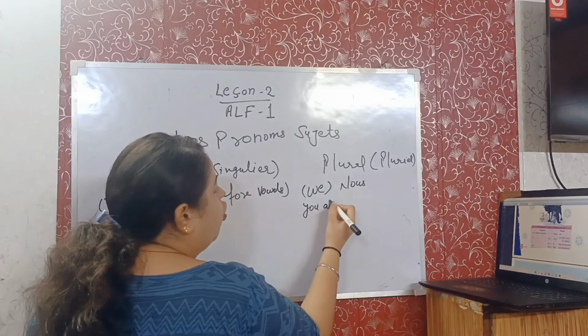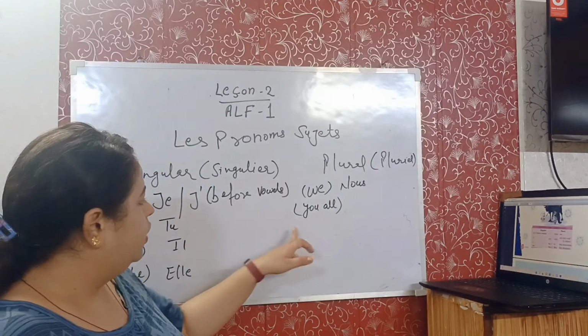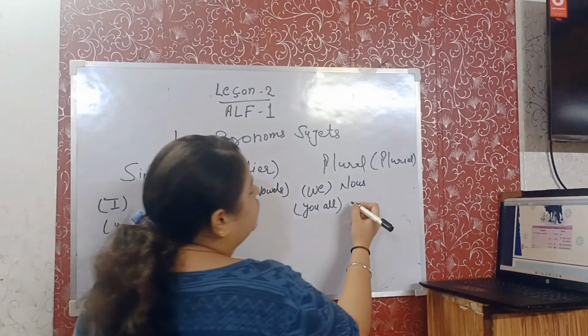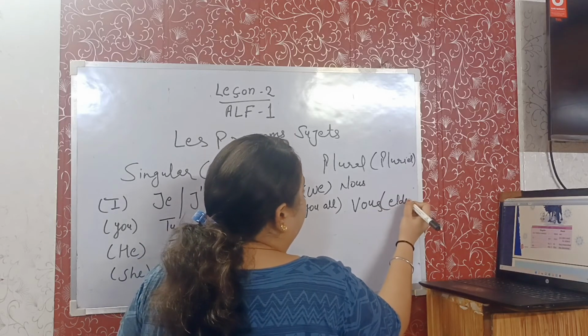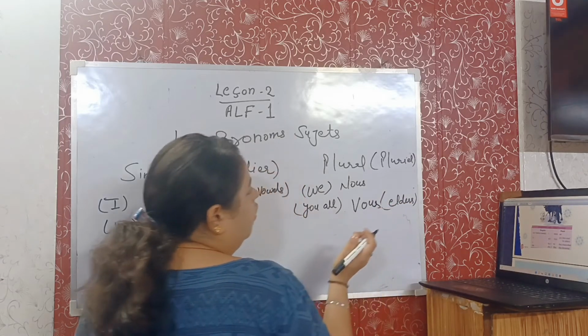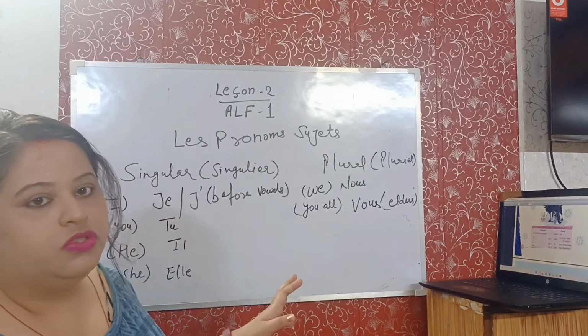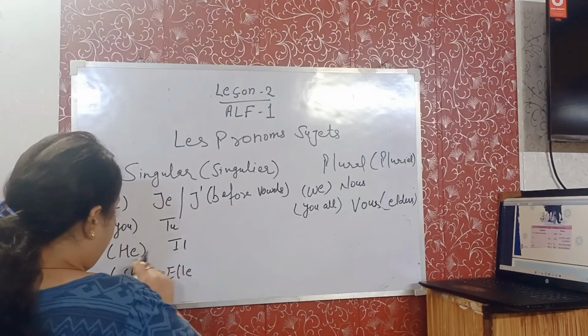Again you, but this means you all. Here one you for singular, here you all. And this vous is also used for elders, like in formal conversation, we use vous for elders.